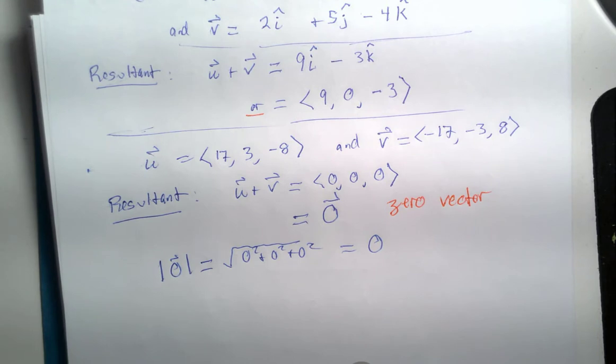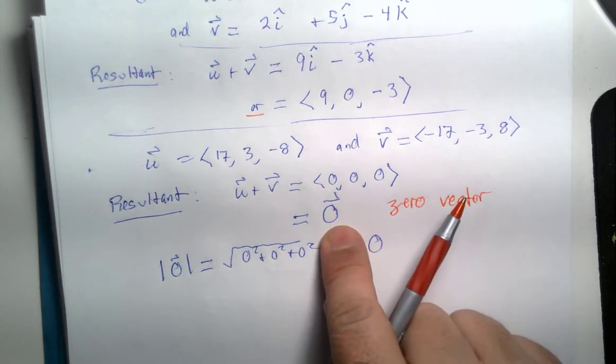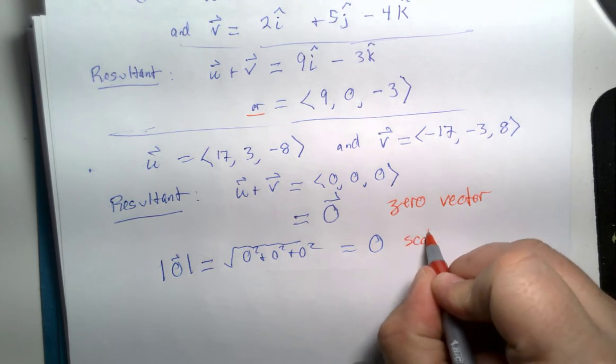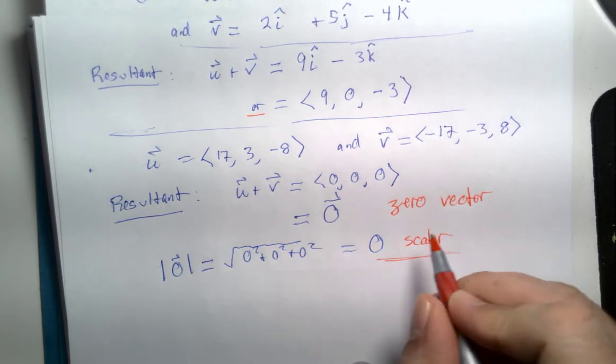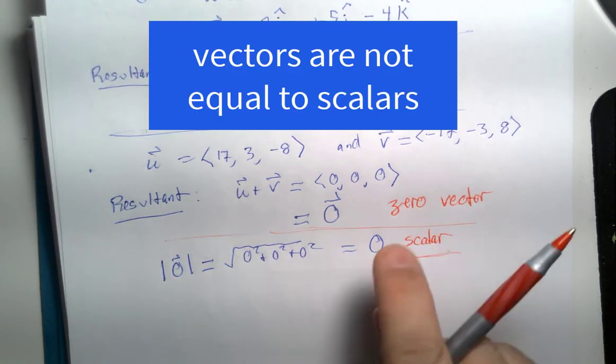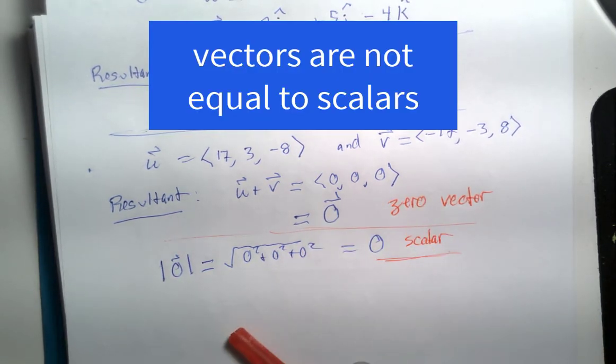Remember what we called it? If it's not a vector, our initial values were called scalars. So this is 0, the number. This is 0, the vector. They are not exactly the same.